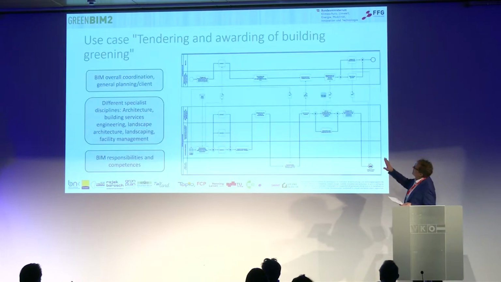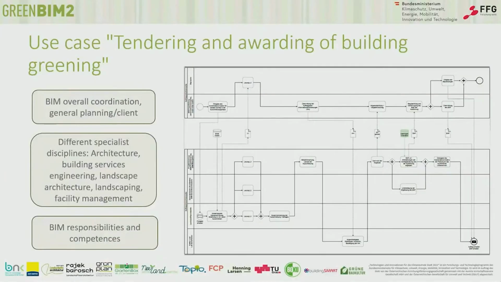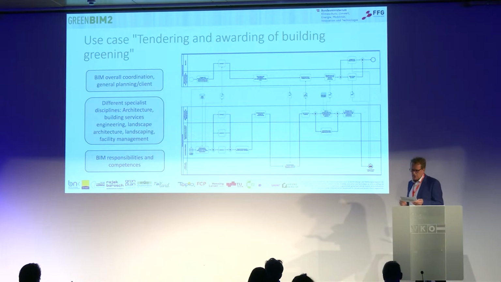Here it's a little bit too small to see, I think, but operating processes are shown, use cases, the use case tendering and awarding of building greening. And here I would like to give you an example. At the top you have the BIM coordinator or clients, organizations, and so on.